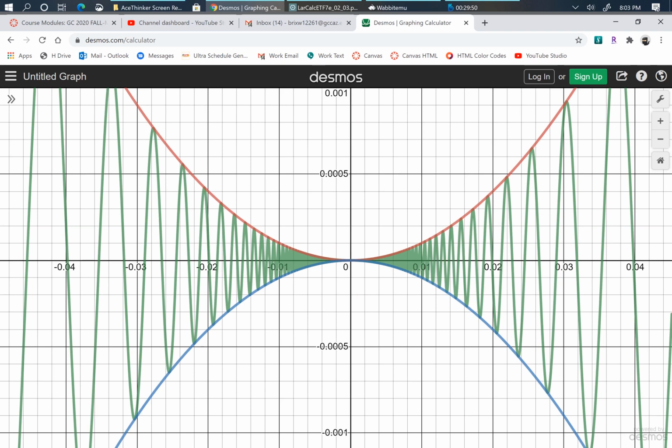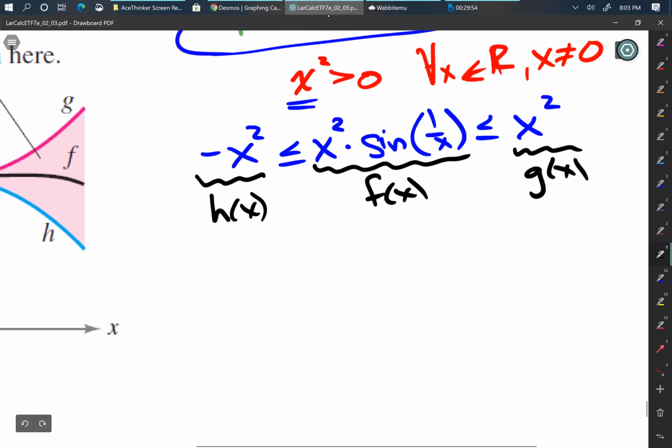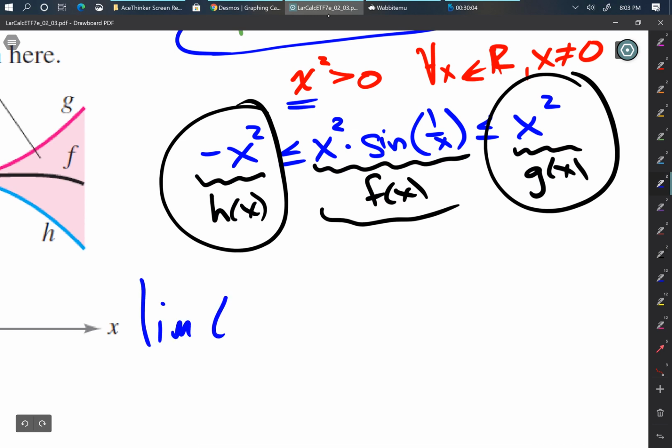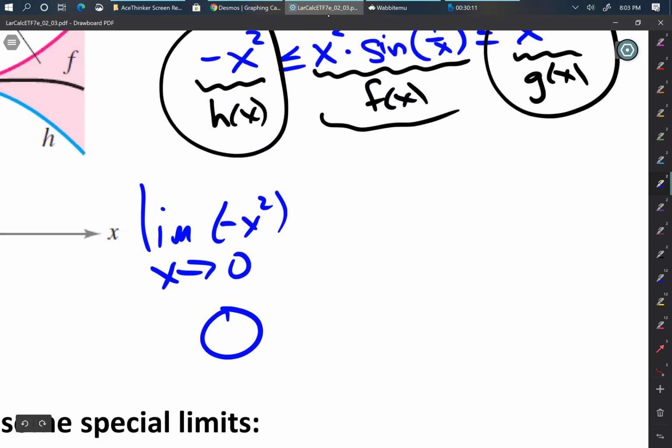But what does that mean over here? Well, according to the Squeeze theorem, I can take the limit of the left-hand side, and I can take the limit of the right-hand side, and that should give me the limit of the middle. So what is the limit of negative x squared as x approaches 0? Well, that's just direct substitution, 0.